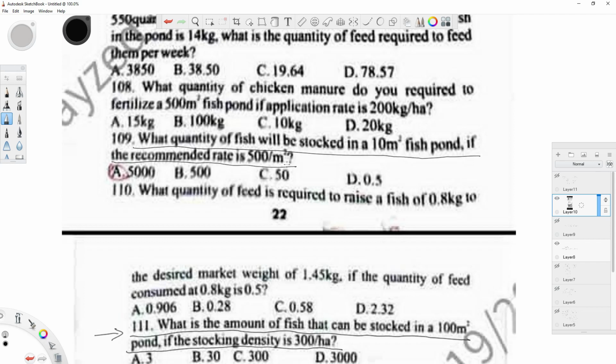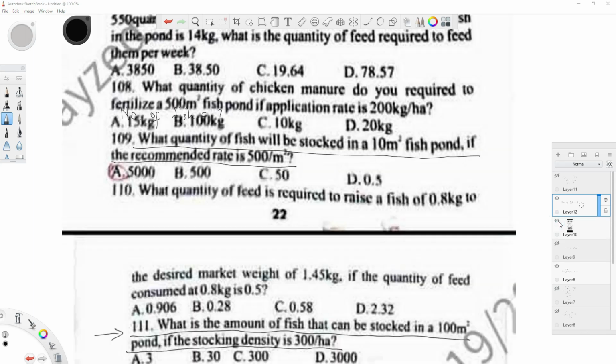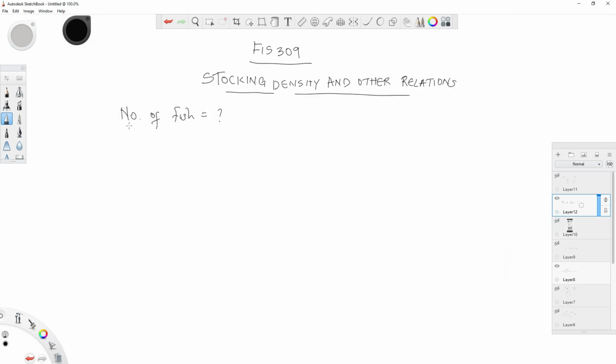So let's get into the calculation. The question is what quantity of fish will be stocked in a 10 meter square pond, so the area of the pond now is 10 meter square.